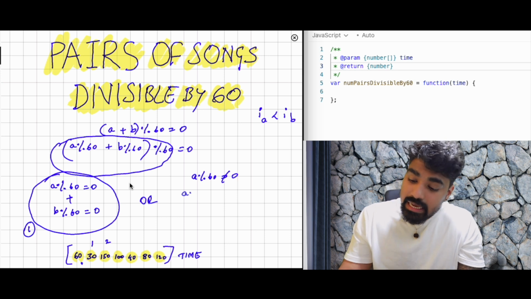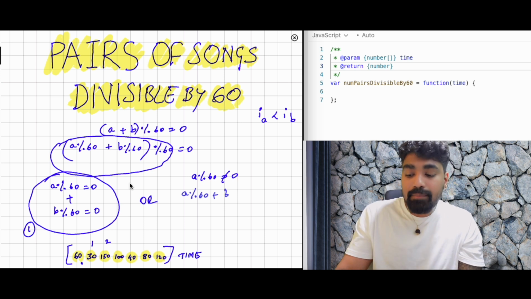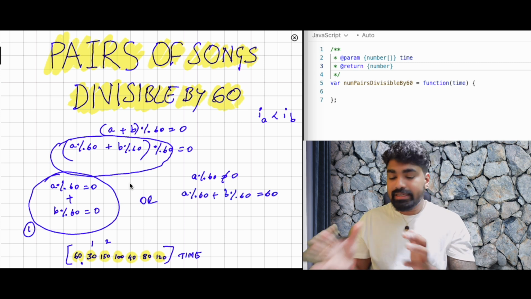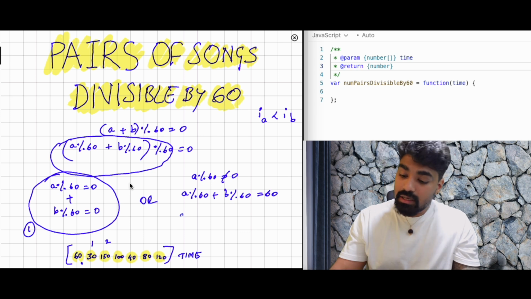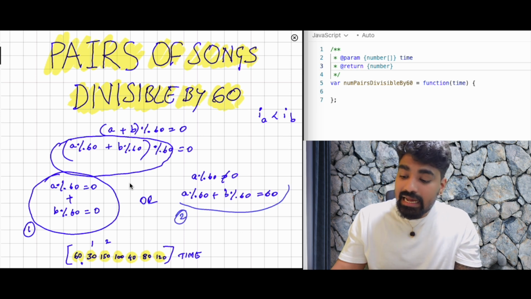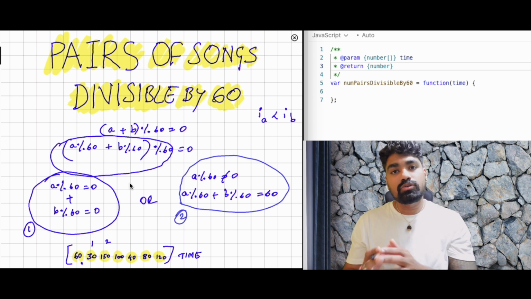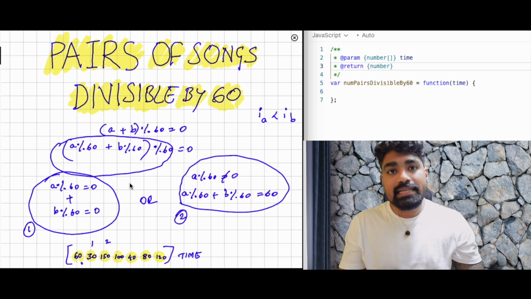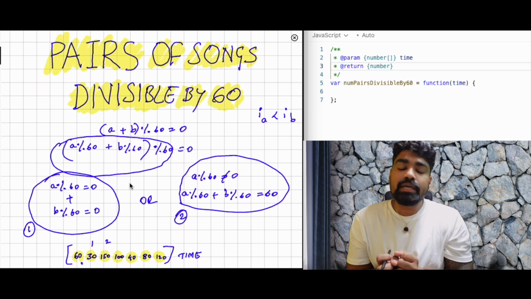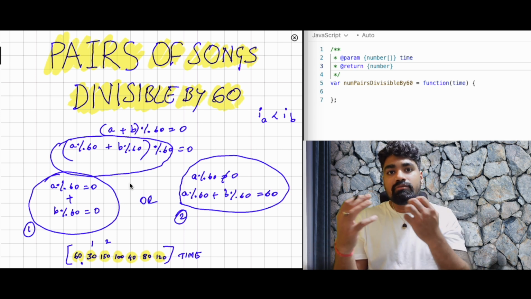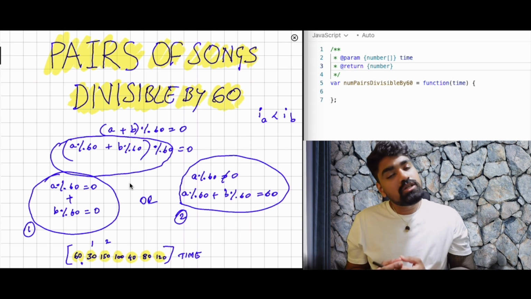What that means is A mod 60 plus B mod 60, if this value is 60, we can safely say that the pair will be divisible by 60. So this is the second criteria that we will be using to check. So we have created two criteria based on which we will see whether the pair can be formed or not. And with this in mind, we will proceed ahead to reach a solution.